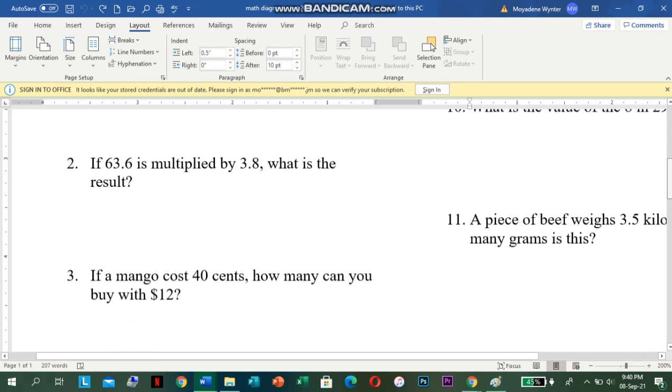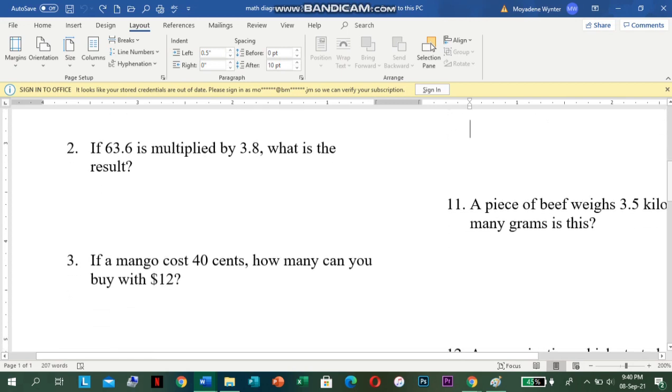it says, if 63.6 is multiplied by 3.8, what is the result? If 63.6 is multiplied by 3.8, what is the result?